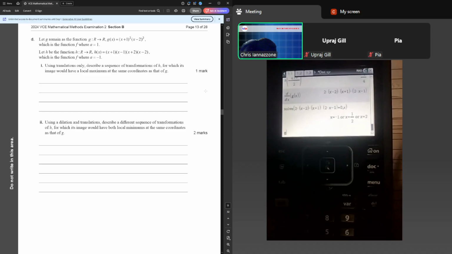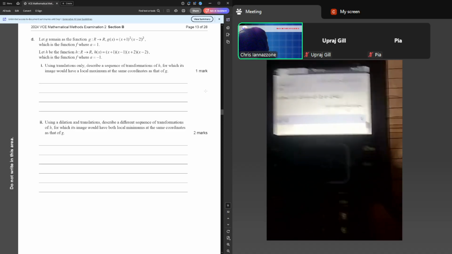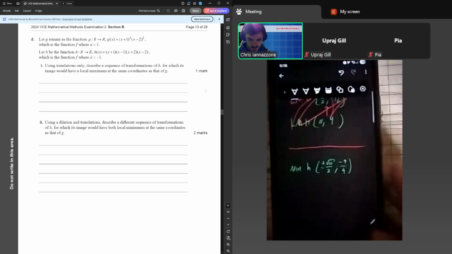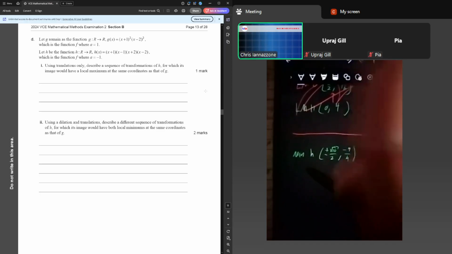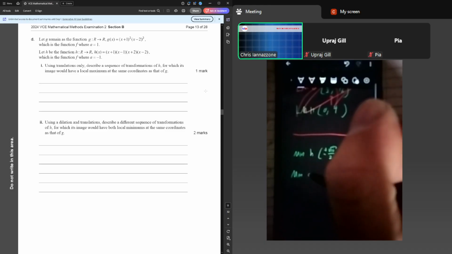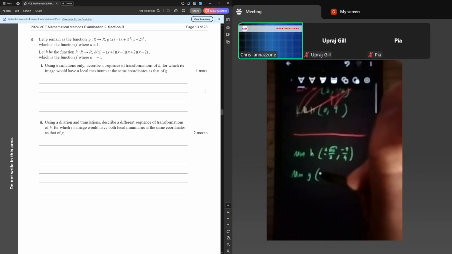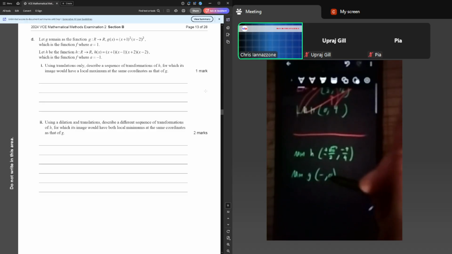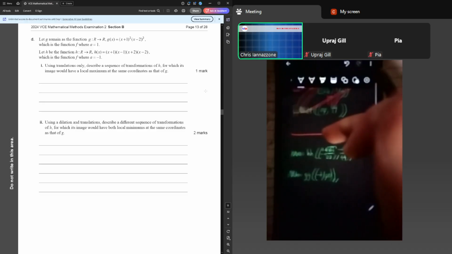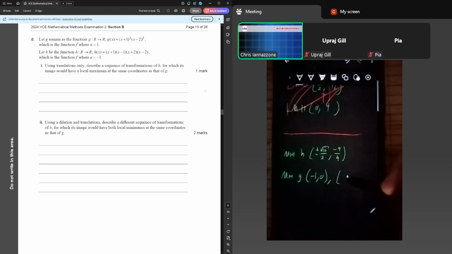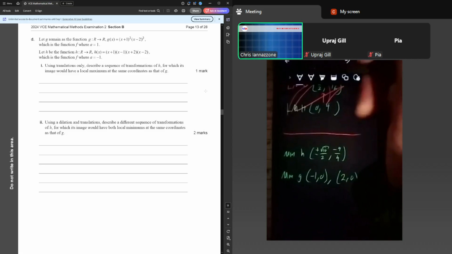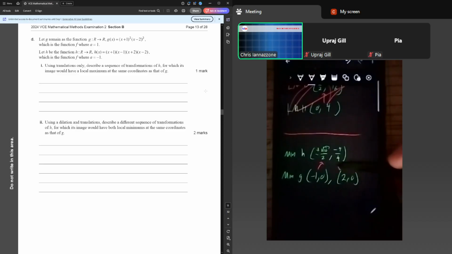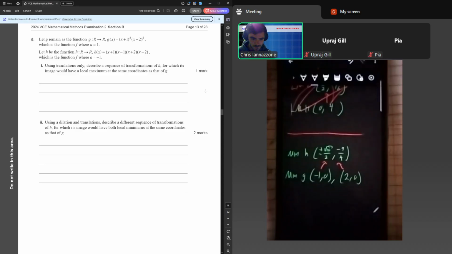So G of negative 1, I'm pretty sure that was 0, right? Yeah. Cool. So that's mins of H, and now we have mins of G, which are negative 1, comma 0, and 2, comma 0. So we need to make these map onto these.